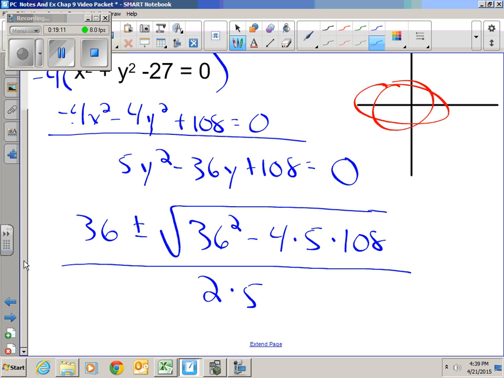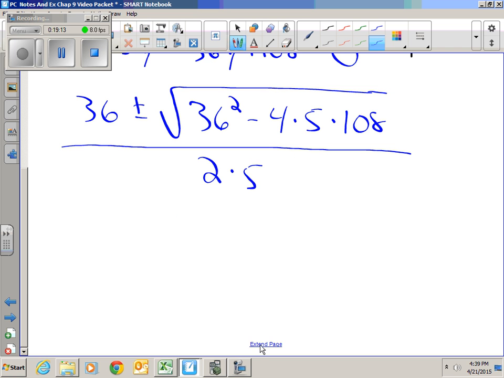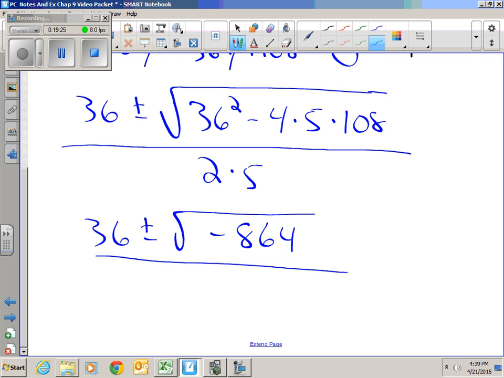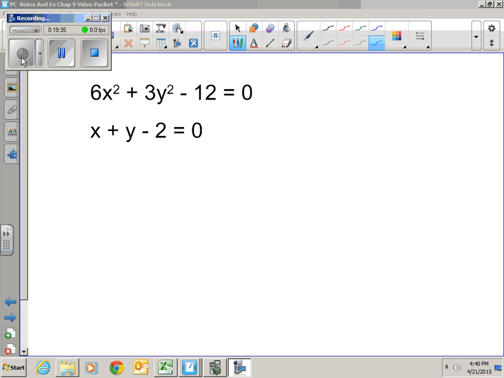I'm just looking right now to simplify my equation. I'm going to get 36 plus or minus 36 squared minus 20 times 108. You know what? That's actually a negative number. All over 10. And I'm done. Y has only imaginary roots. Therefore, there is no solution.